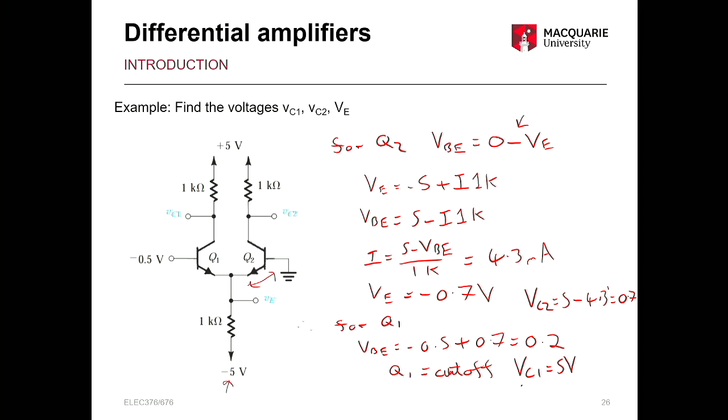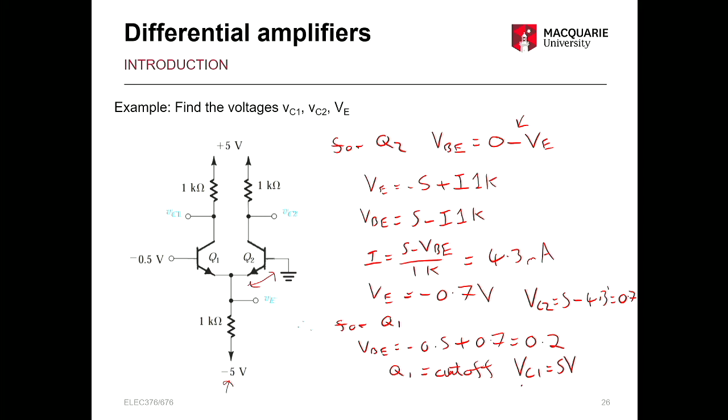If you try that the other way around, if we start with the assumption that Q1 is operating and has a VBE of 0.7, you'll find it doesn't match up when you then get to the other one. It forces Q2 to also be active, which in turn is a paradox. Q1 can't be active. That goes back to when we looked at diodes in 275, for anyone that was in that one.